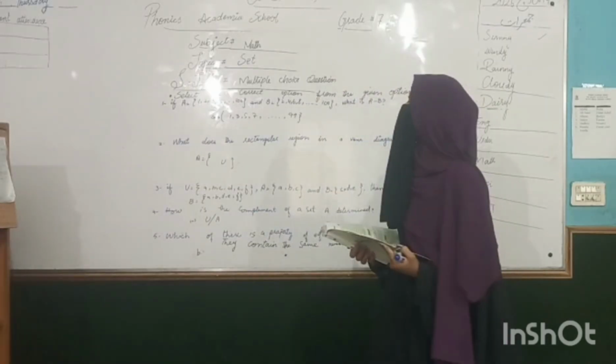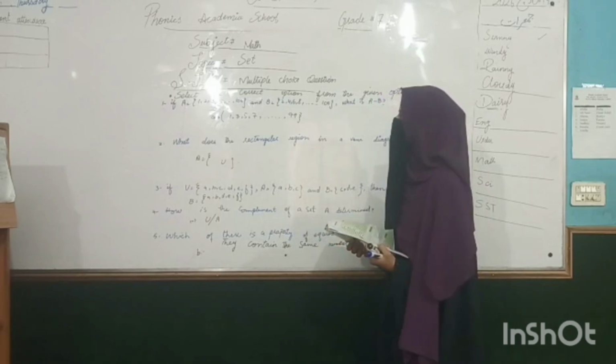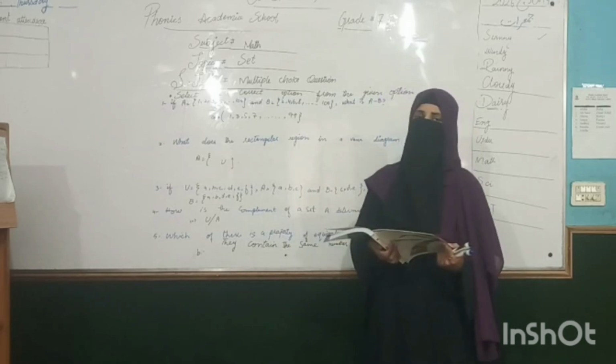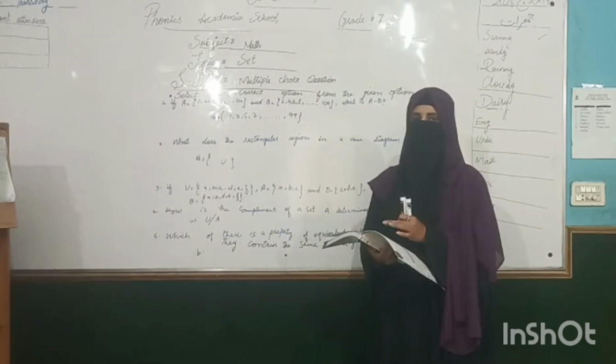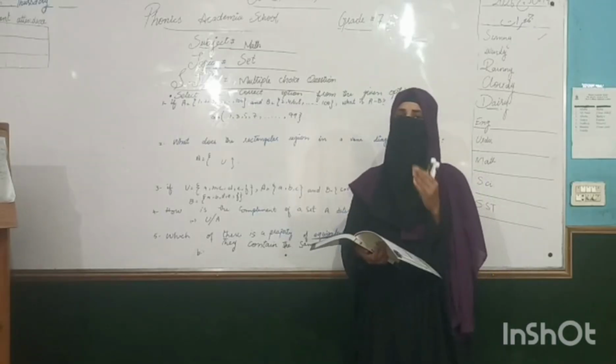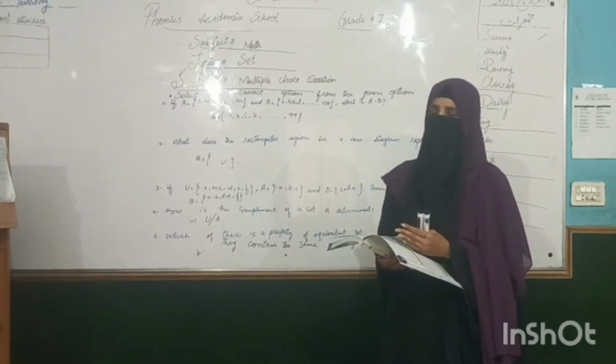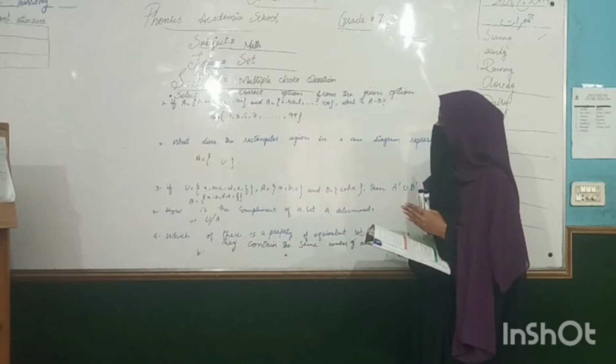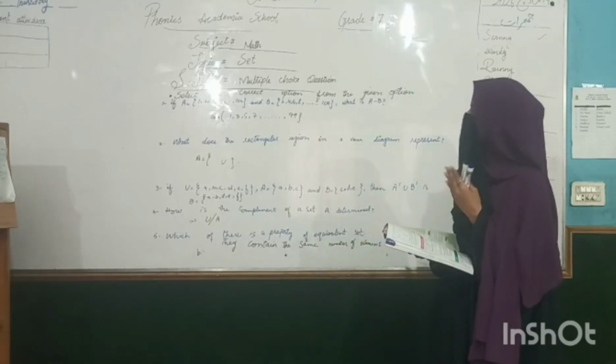So let's start. MCQ number 1. If A is equal to 1, 2, 3, 4, 5, continue until 100, so the numbers 1 to 100 are present in set A. And they say that set B is equal to 2, 4, 6, 8, continue until 100.